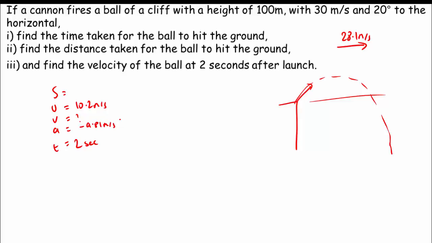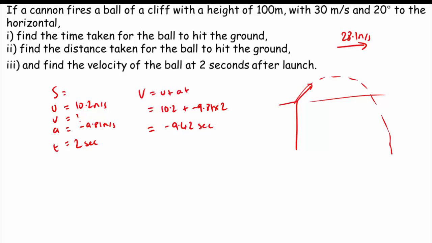So when I look at my SUVAT equations, I've got v equals u plus at. The initial velocity is 10.2 plus minus 9.81 times 2. Okay, so when I calculate that, I get minus 9.42 seconds.